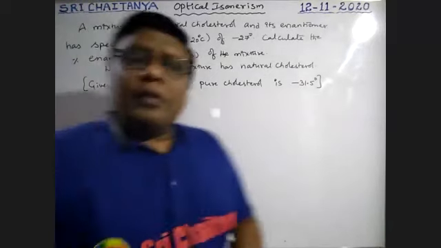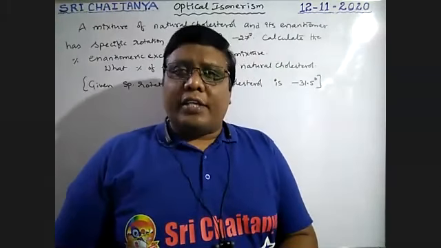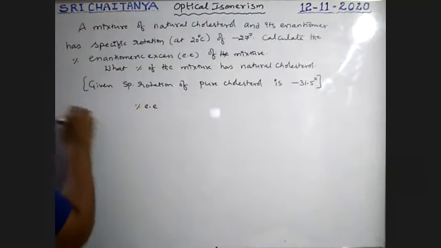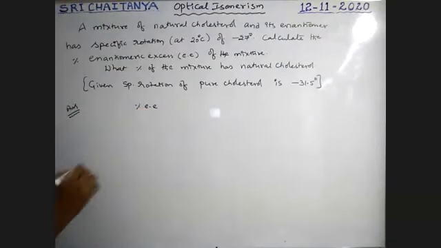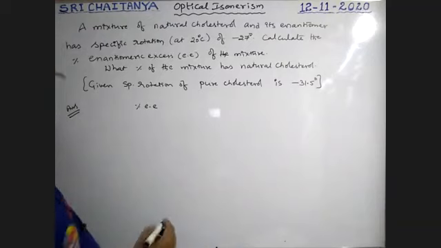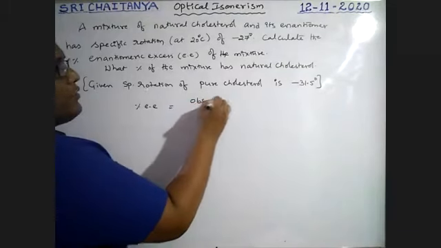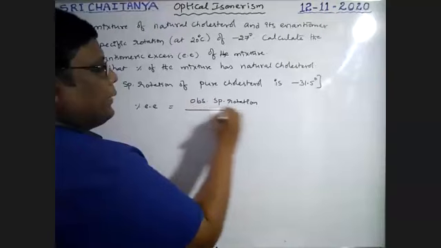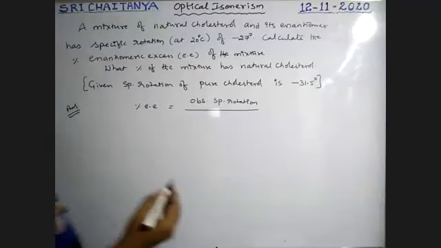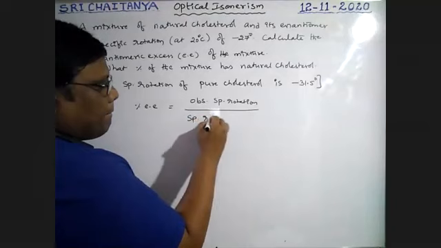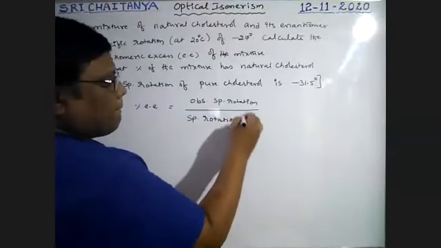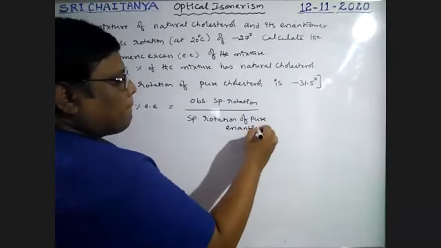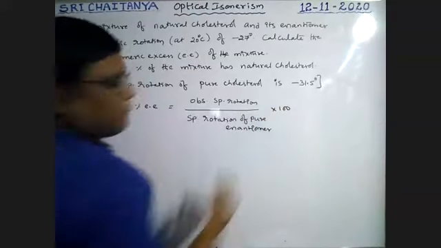See here, boys. Here, you want to calculate enantiomeric excess, so there is a formula. There is one more formula, boys, in terms of specific rotation. Percentage of enantiomeric excess equals observed specific rotation divided by specific rotation of pure enantiomer, into 100.